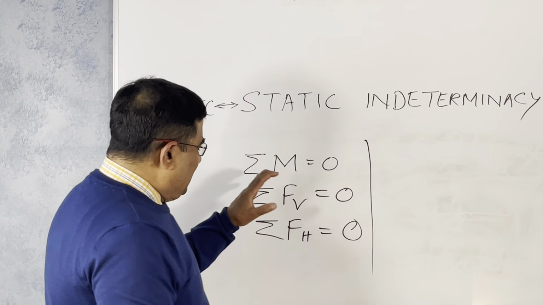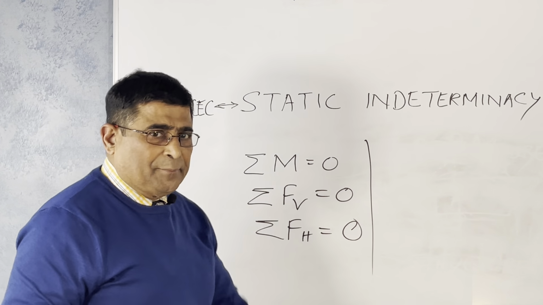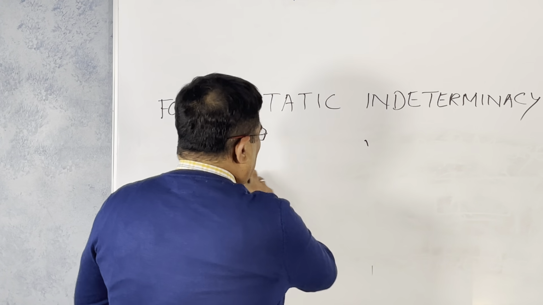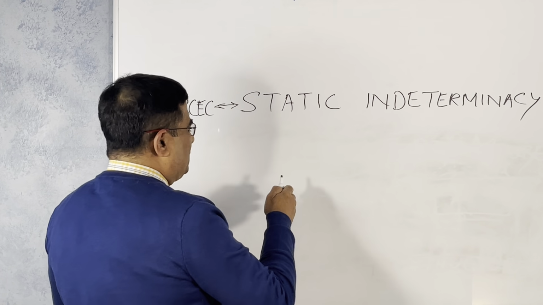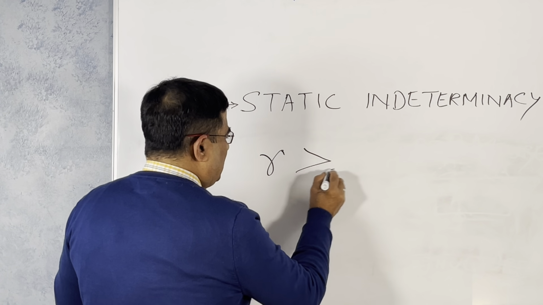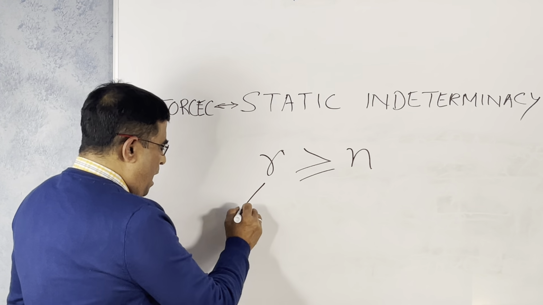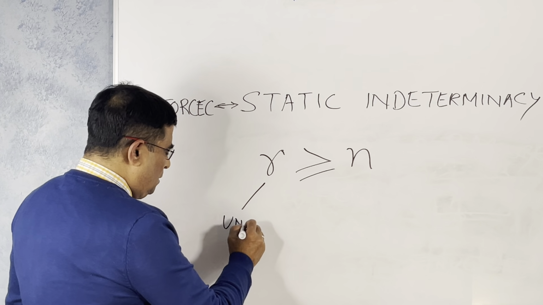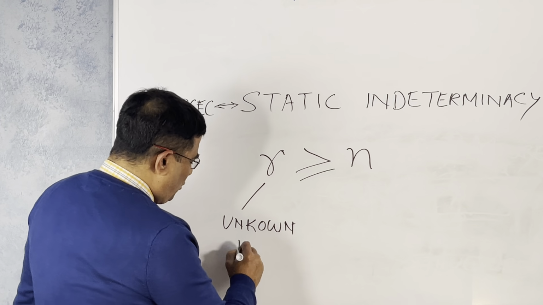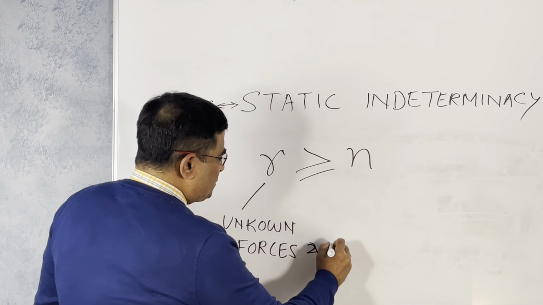Okay? So 3 unknowns and 3 equations makes the structure determinate. If it is more than 3, there is an equation to determine the forces. It is written like R greater than or equal to 3N. What is R? R is unknown forces and reactions.